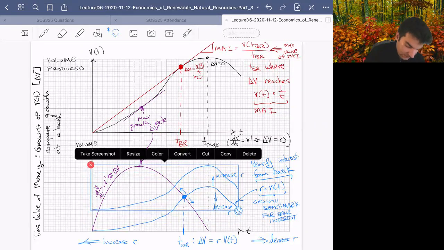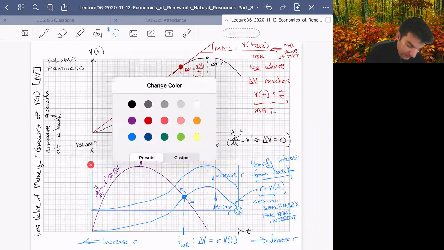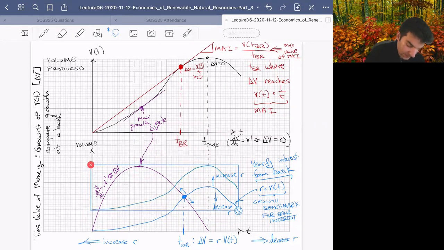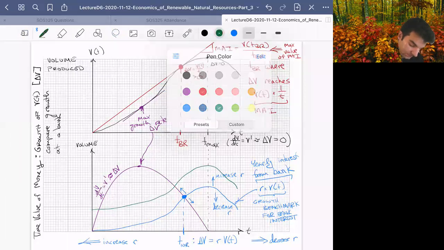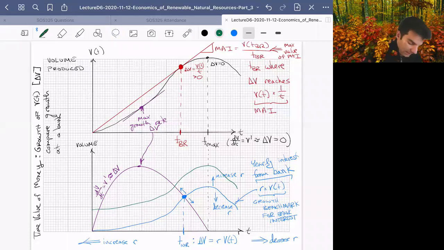And I'll change its color to make it clear that it's different. This new curve here is going to be R V of t plus R times the site value minus the replanting cost, divided by P minus C.